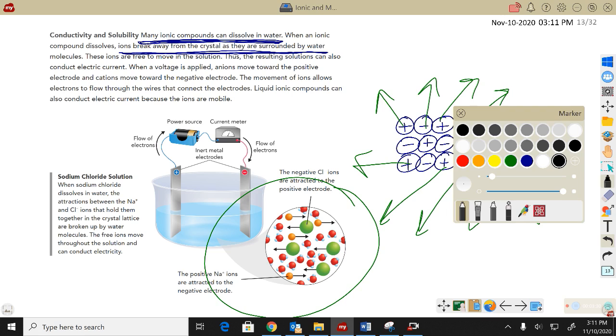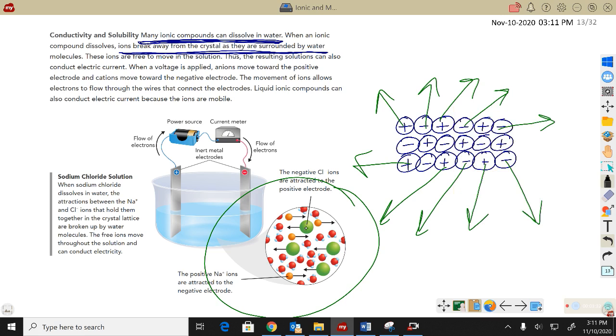By these green particles, I'm just going to put a little negative charge. Negative chlorines. And then the positive sodium ions look like they're orange. Positive, positive, positive. That's what it looks like when an ionic substance dissolves in water. The little charged ions separate from the original solid, and then they're just swimming around in the water.